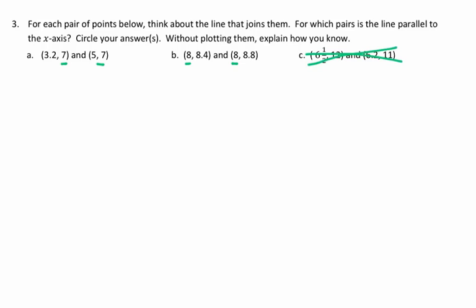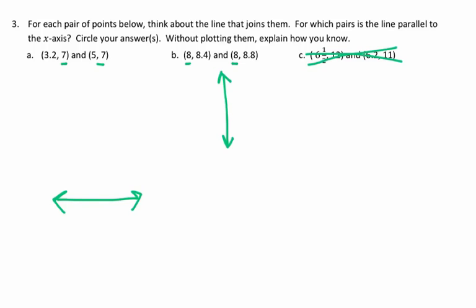So I know that if I have the x coordinates are the same here, then these two coordinates are going to be on the same vertical line, and the vertical line is going to be running up and down, where the x-axis runs horizontally.